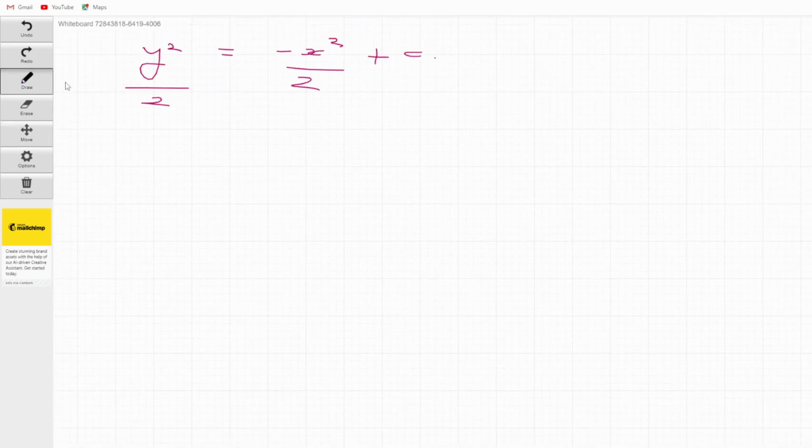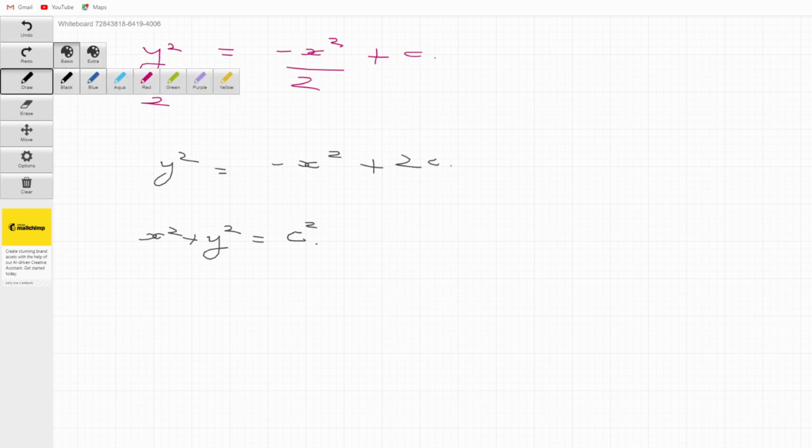So check this out. If I multiply both sides by 2, I get y squared equals minus x squared plus 2c. Add the x squared to both sides, you get x squared plus y squared equals some kind of constant. We'll just write the constant as c squared.